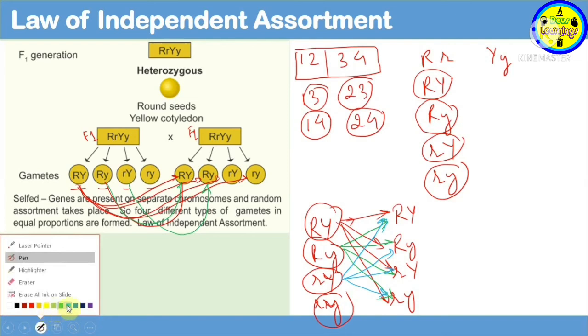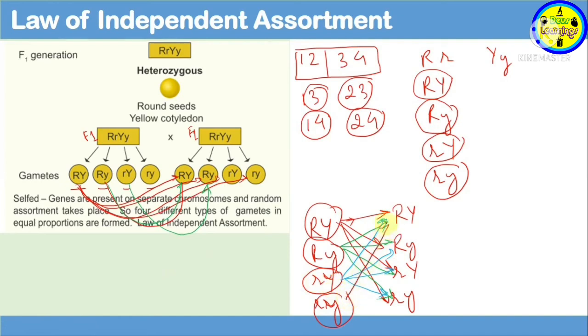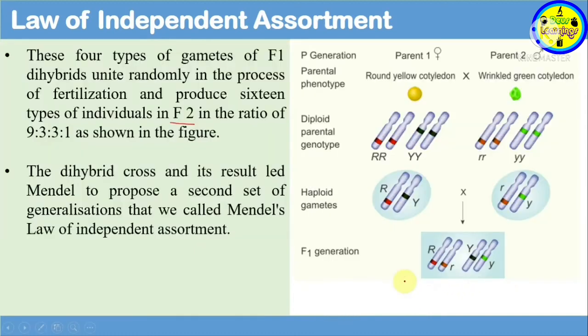Similarly, the fourth gamete can get fertilized with the first, second, third, or fourth one. So there are a total of 16 combinations possible.